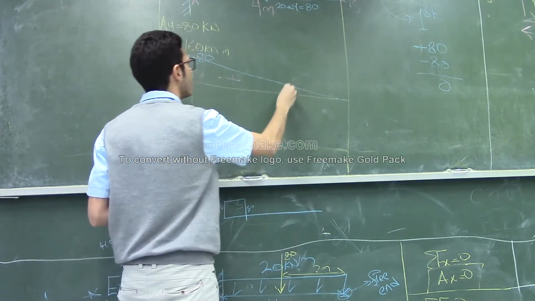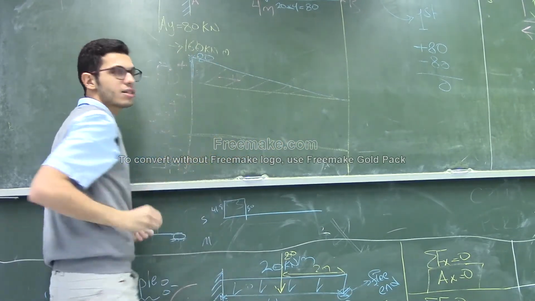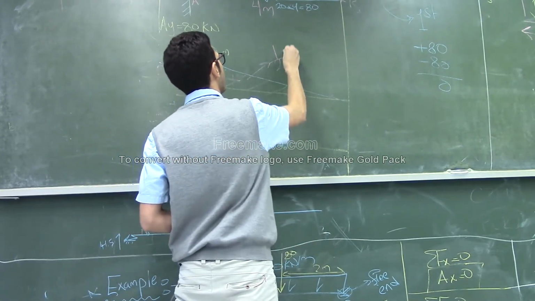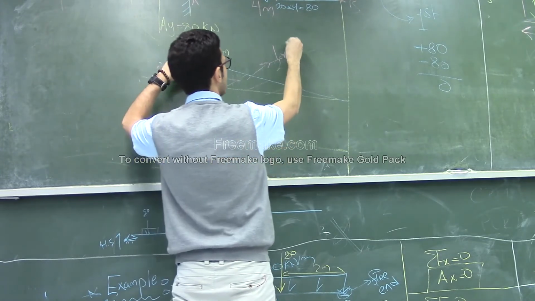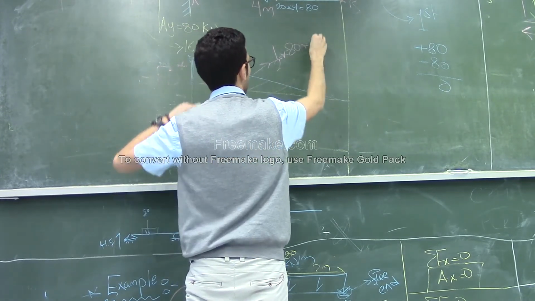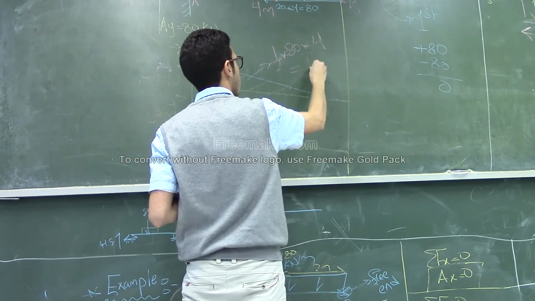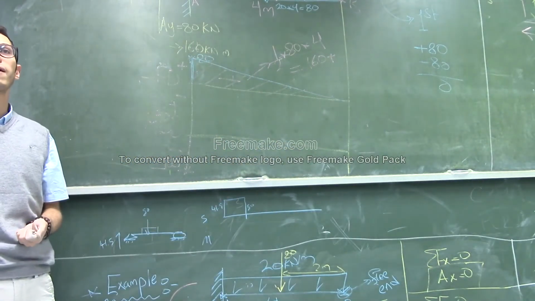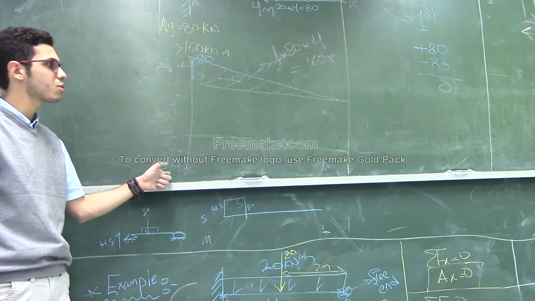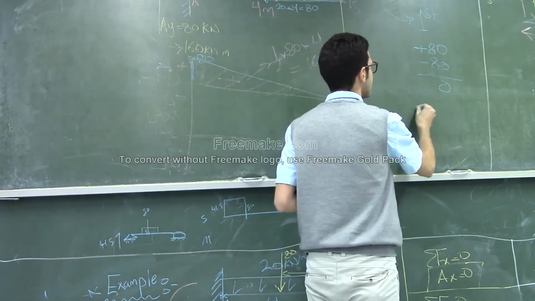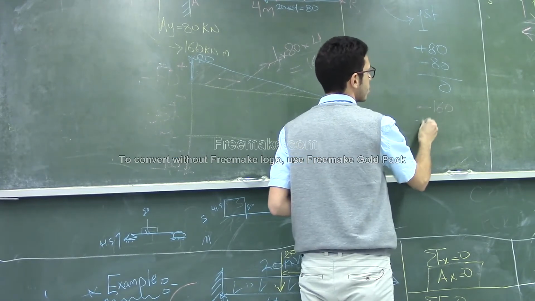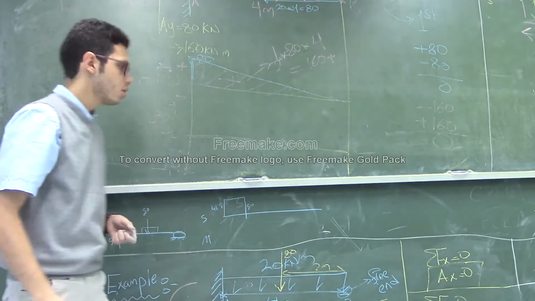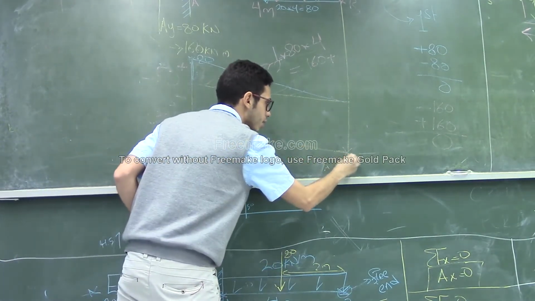Now, when I move on the shear diagram, there is this area, and I should calculate it. It's a triangle, so the area is a half multiplied by the height 80 and by the base 4. The answer will be 160 positive, because it's a positive area. Minus 160 plus 160 means you will get 0, so you should end here.